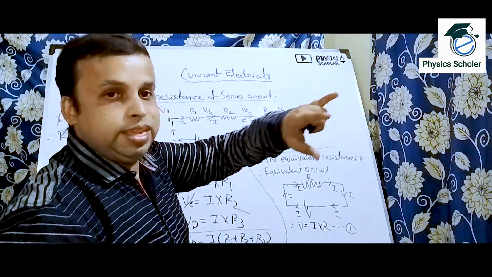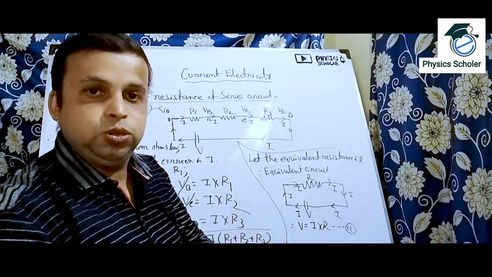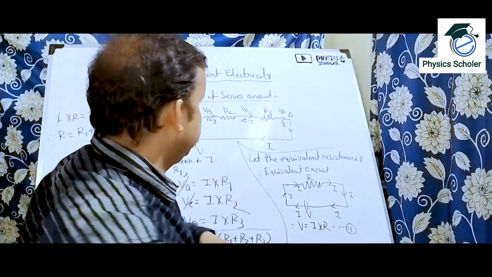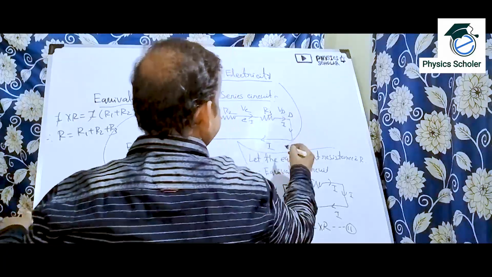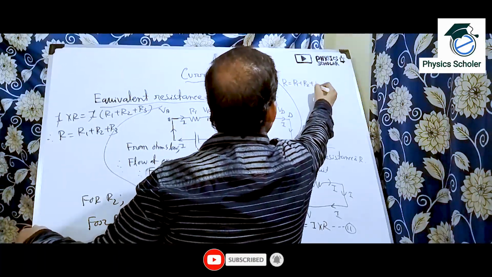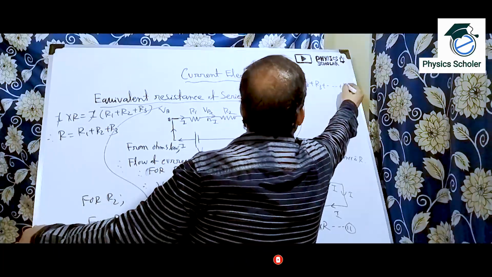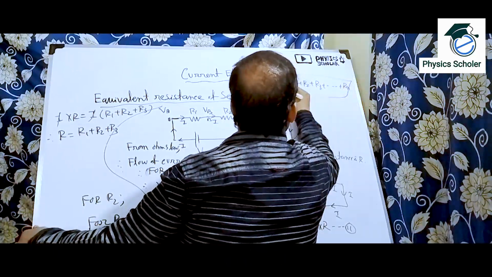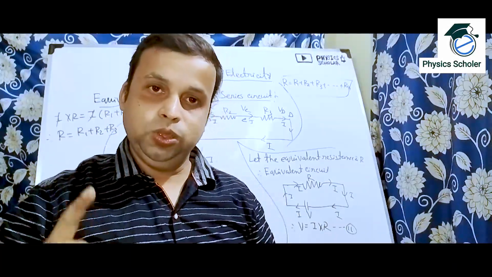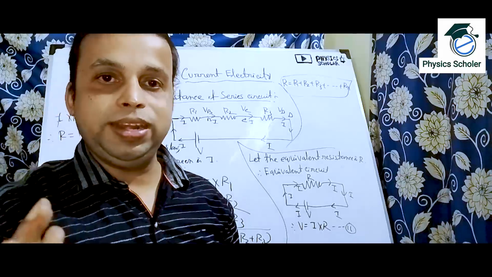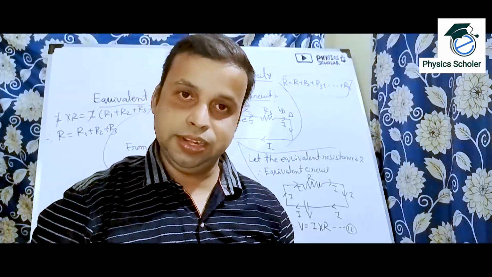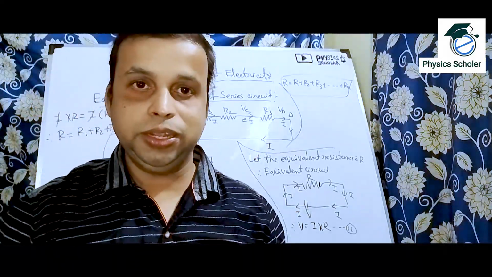If the number of resistances is n, the equivalent resistance will be the summation of all the resistances connected in series: R is equal to R1 plus R2 plus R3 and so on up to Rn. This is how we calculate the equivalent resistance of all the resistances connected in series in a circuit. Clear?